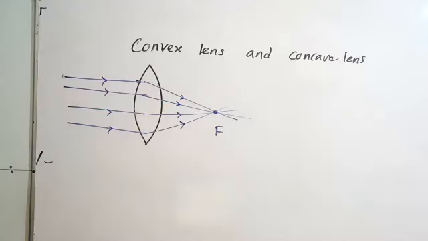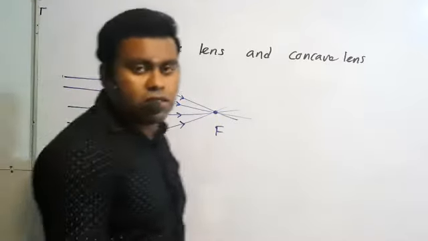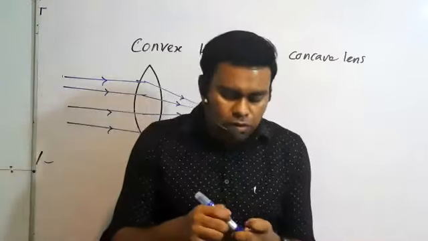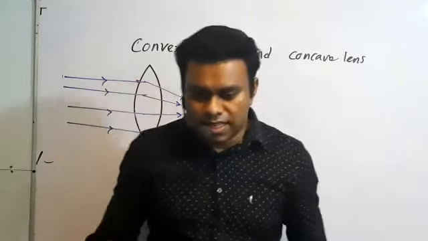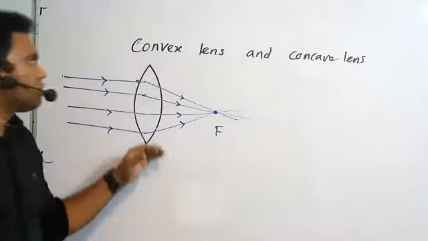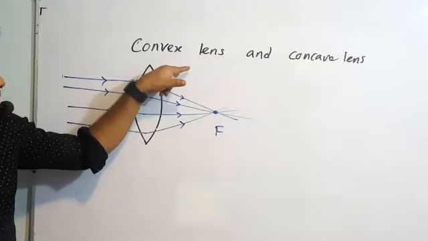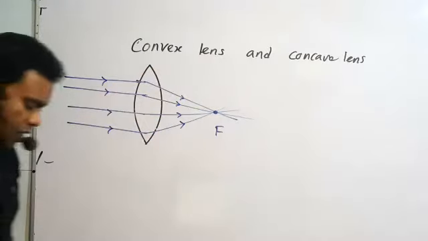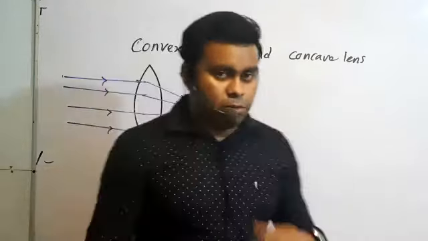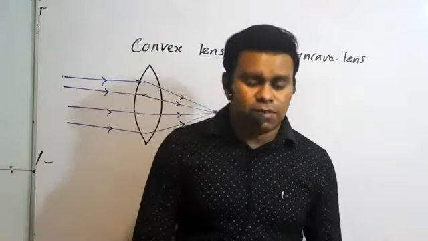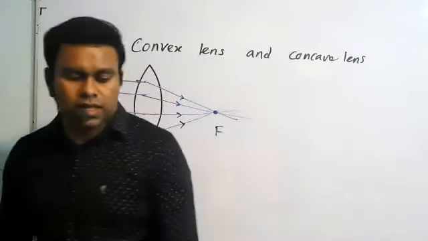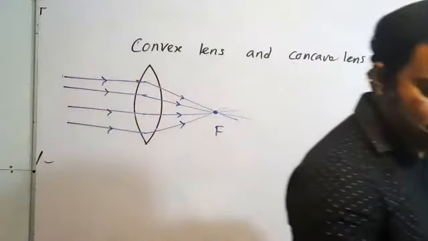Okay, one by one, let's take down all these things. Let's write the function of the eye lens. Before that, take down: there are two types of lenses.